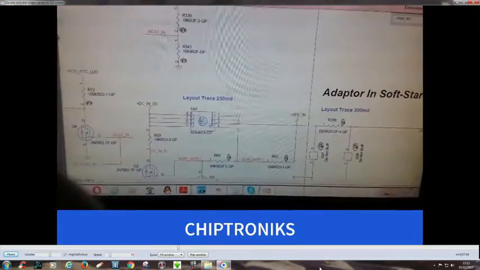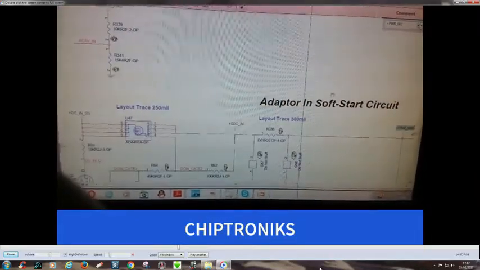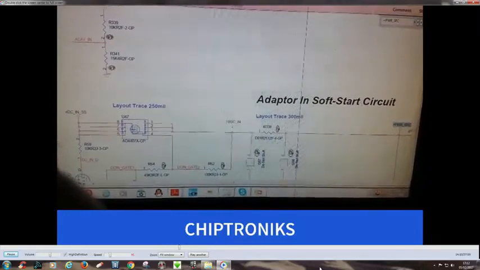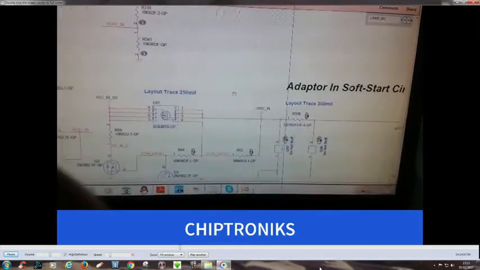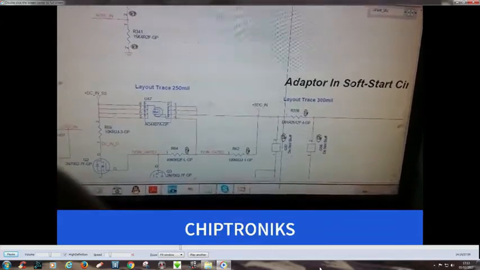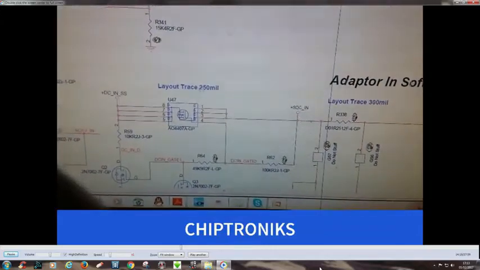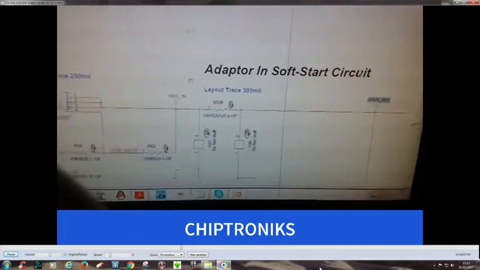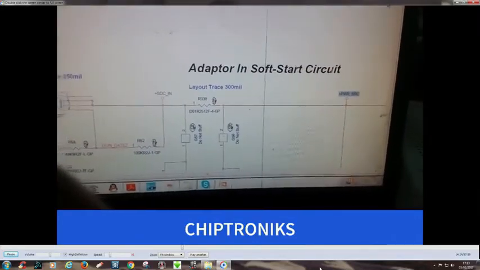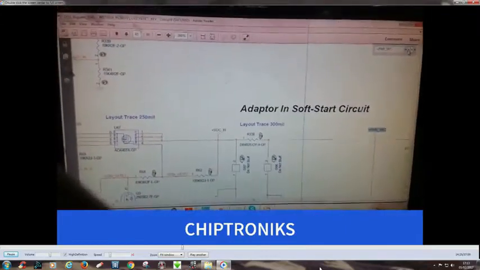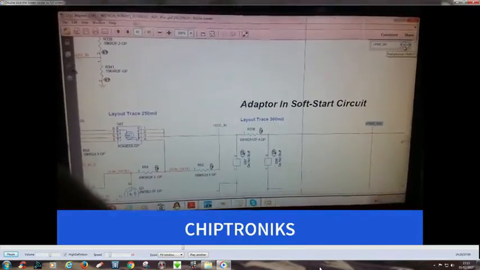So this is the adapter voltage, 20 volts, and this is 20 volts. If this PWR SRC is not coming, we have to check this resistor and this MOSFET. If these two are faulty, then you won't get PWR SRC. So let's go back to our 3 volt or 5 volt regulator IC.